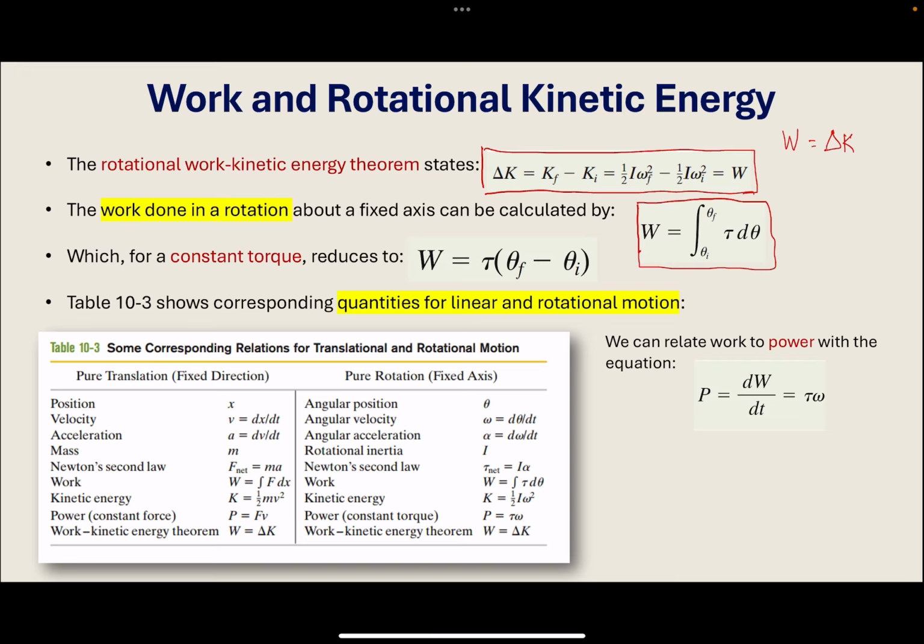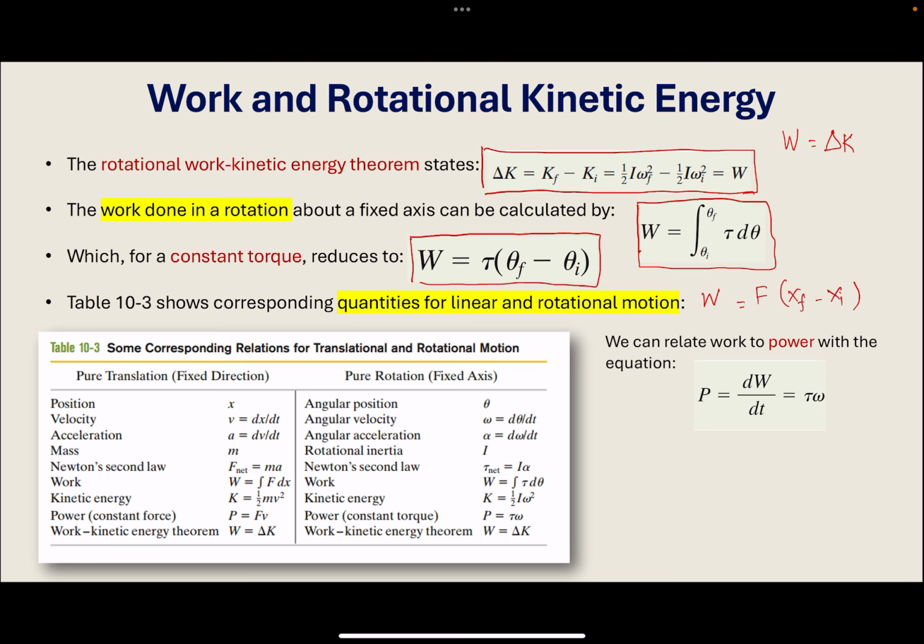For constant torque, this simplifies to work equals torque times (theta f minus theta i), which directly mirrors W equals F times (xf minus xi) from linear motion. So torque is the rotational analog of force, and angular displacement is the rotational analog of linear displacement.